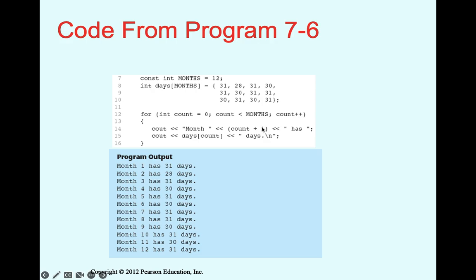That's why we add 1 to count, because count starts from 0. We write month count plus 1 has, and then we access the array days of count. So the first one will print 31, then 28, and so on. Okay, so this is to show you how we can initialize an array using a list.